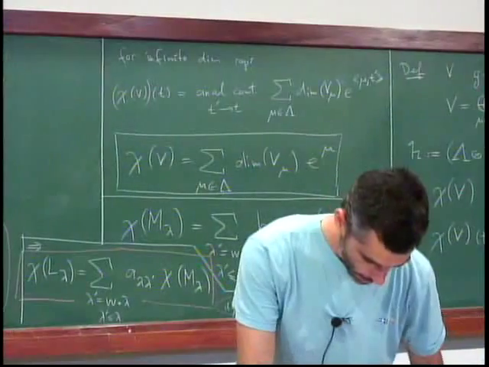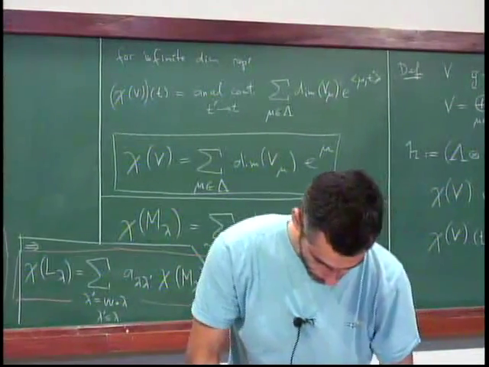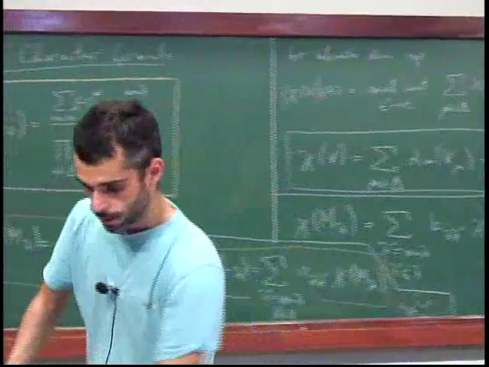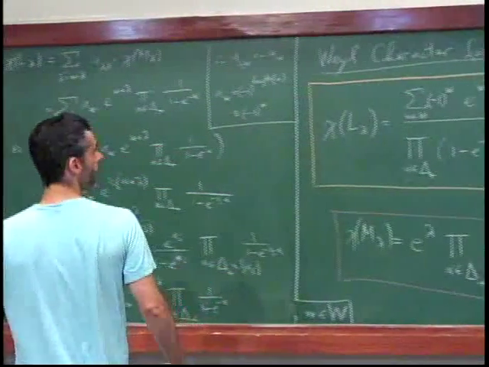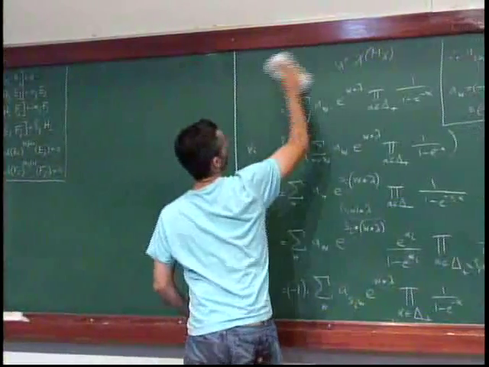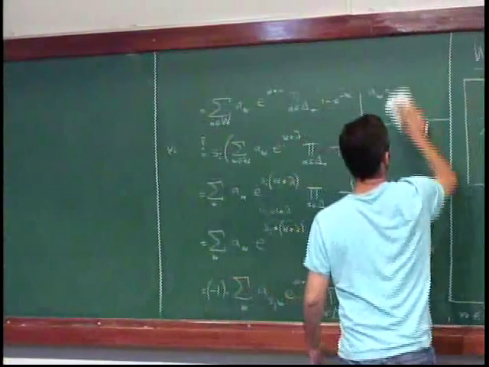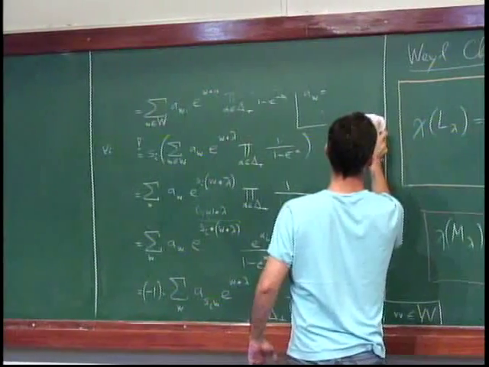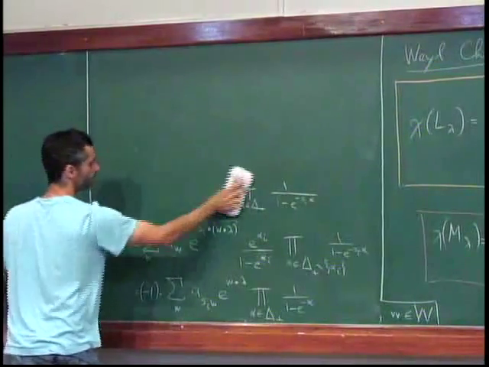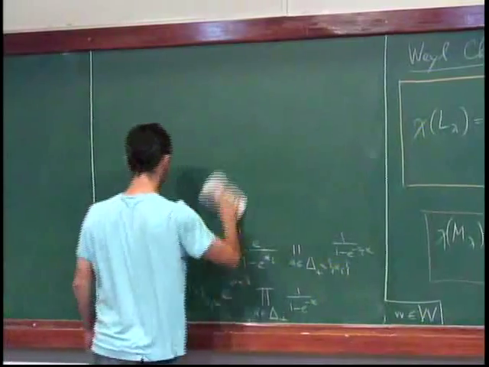Okay, so I will now just give the definition of the quantum group. It's called a quantum group, but it's really not a group. It's an associative algebra.